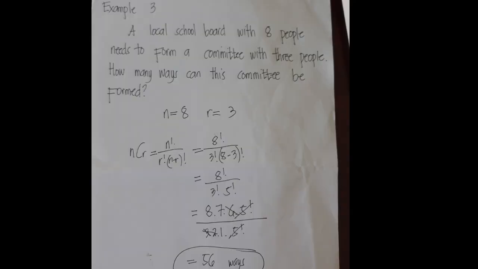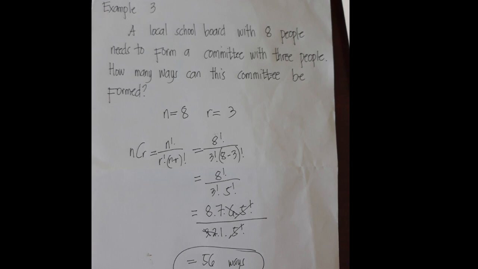So, example number 3. A local school board with 8 people needs to form a committee with 3 people. How many ways can this committee be formed? So, n equals 8 and r equals 3. nCr equals n factorial over r factorial times (n minus r) factorial, equals 8 factorial over 3 factorial times (8 minus 3) factorial, equals 8 factorial over 3 factorial and 5 factorial.